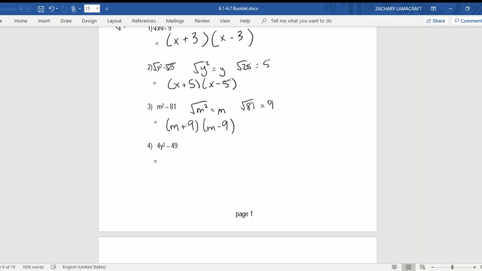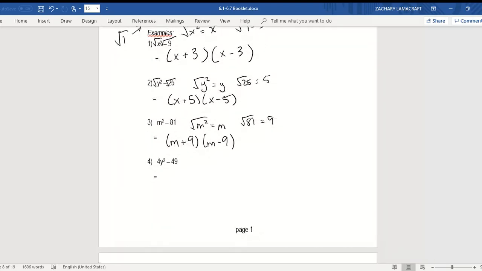Now the last one's a little bit trickier, but it's really not that bad. We're going to take the square root of both of those numbers. And again, this only works when we have two numbers that we can square. We know we can square 4, and we know we can square 49. So it would be the square root of 4y squared. The square root of 4 is 2, and the square root of y squared is y.